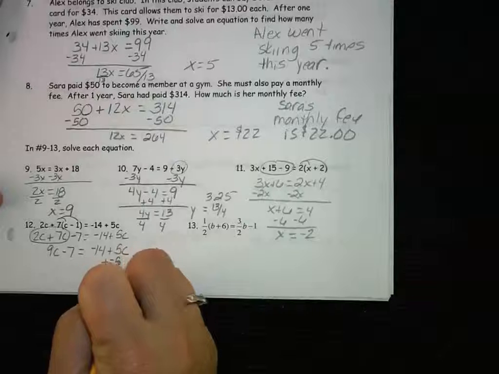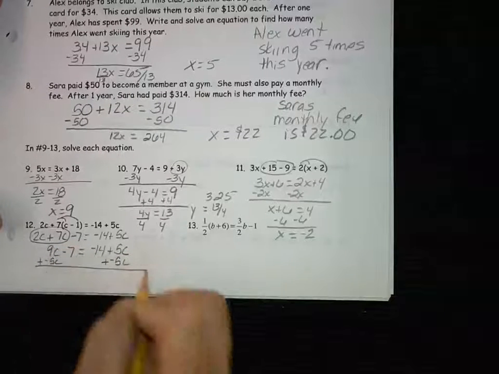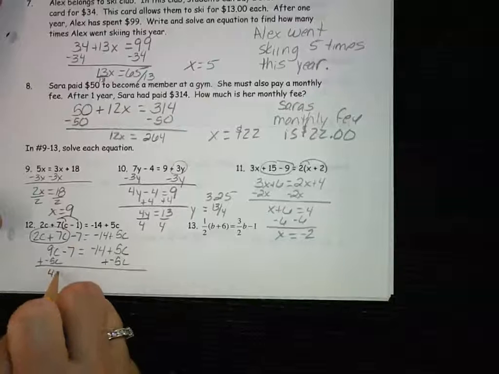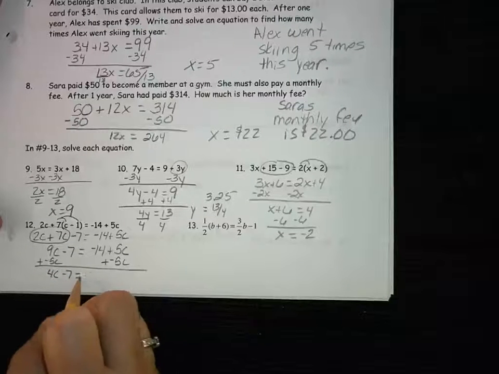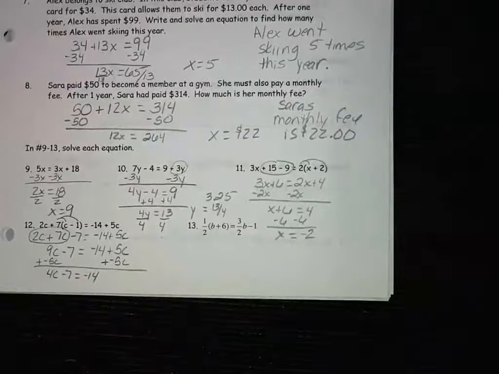Solving this, you add a negative 5c to both sides, and that becomes 4c minus 7 equals negative 14.